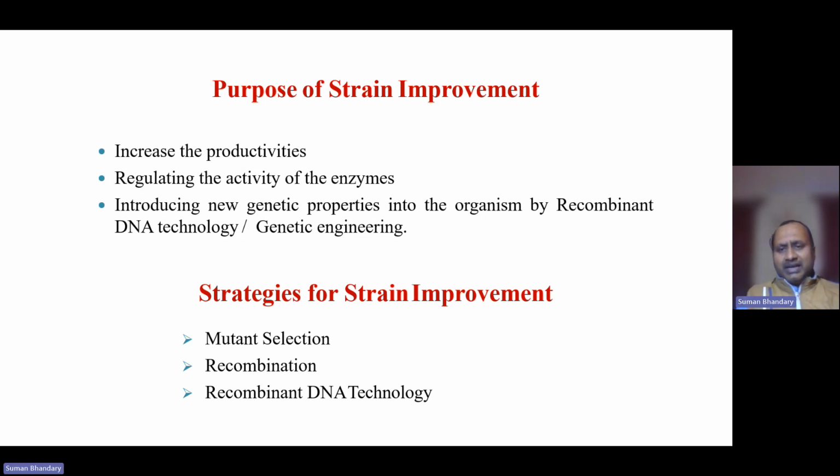Accidentally, Alexander Fleming discovered the fungus Penicillium notatum, which can produce penicillin, a beta-lactam antibiotic. But in most cases, it has been observed that naturally occurring microbial strains are not ideal for industrial use.